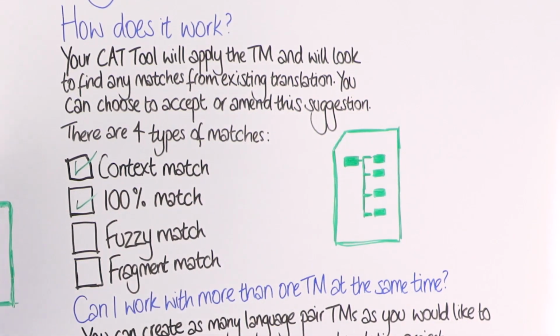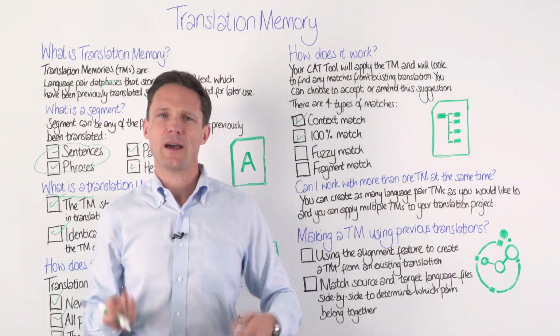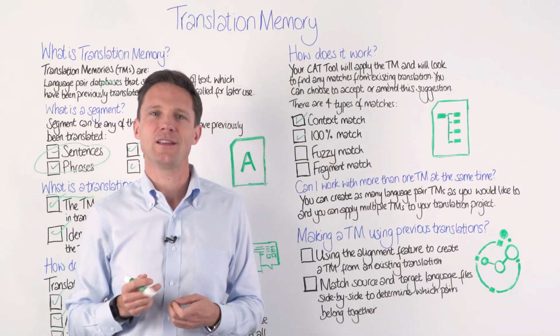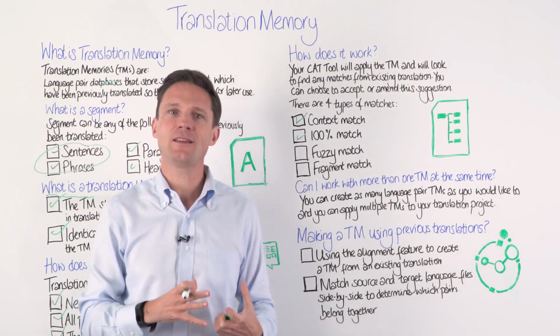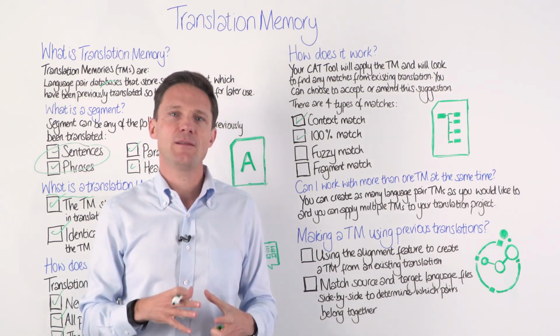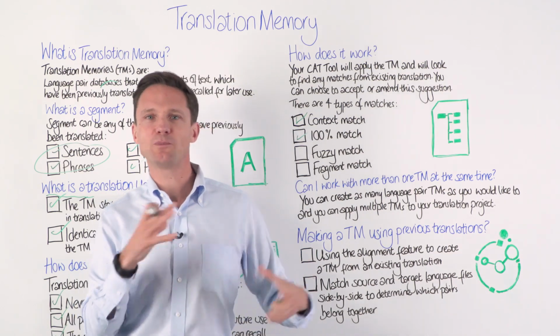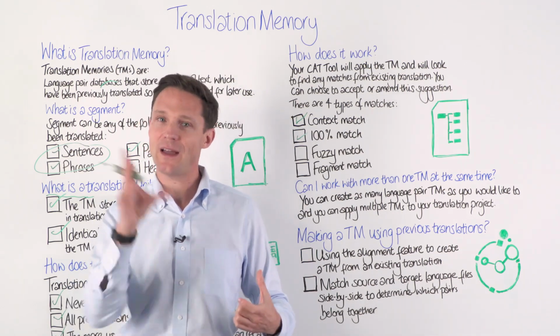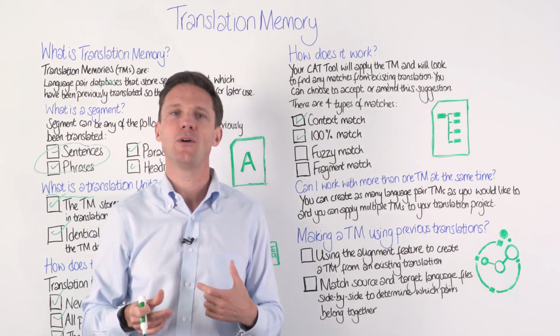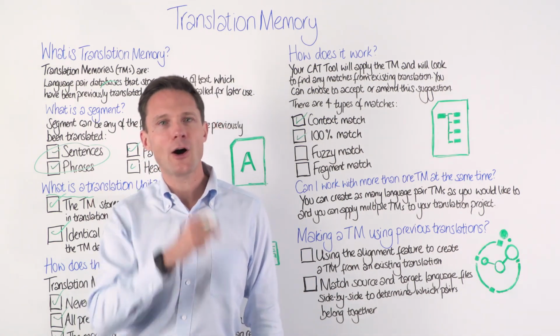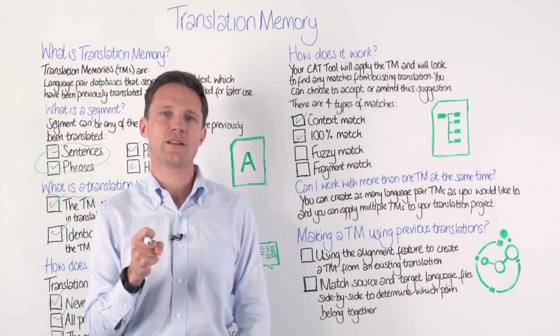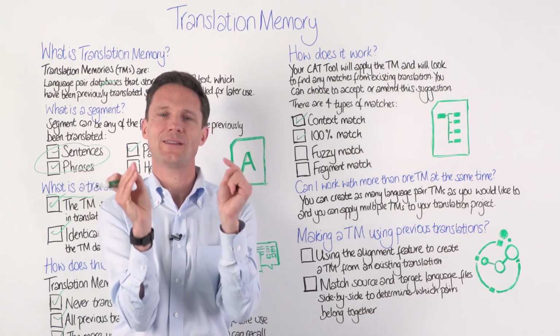The second match is the 100% match. This is something that you might hear quite a lot in this industry. This is the more traditional match. It's something you translated before in the same format as well. If something was bold, it needs to also be bold, or you might have to fix the formatting, for example. And so that's the 100% match. In this case, the context is not taken into consideration, so it's just looking at that sentence.